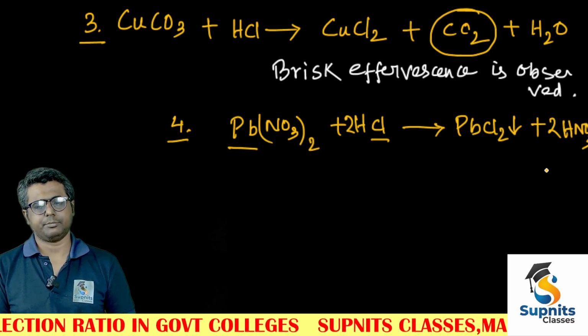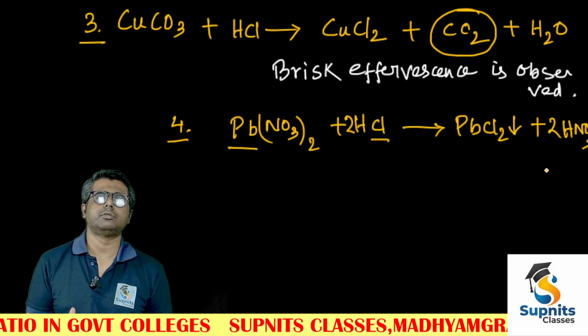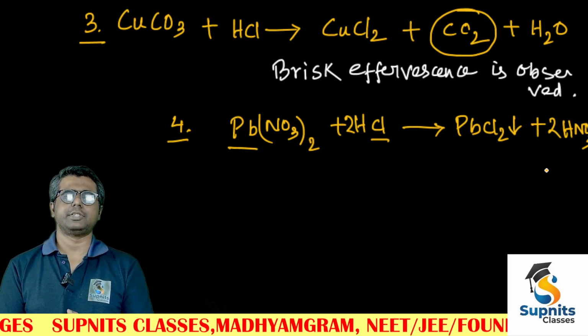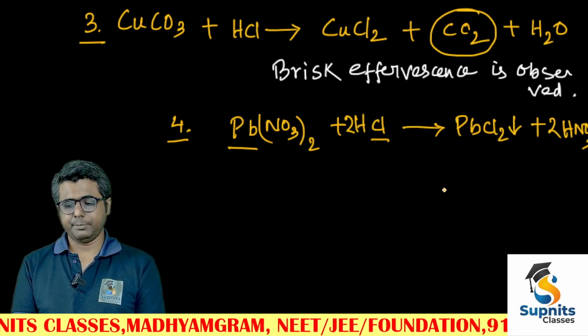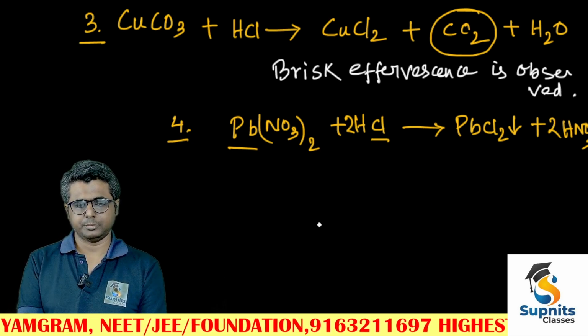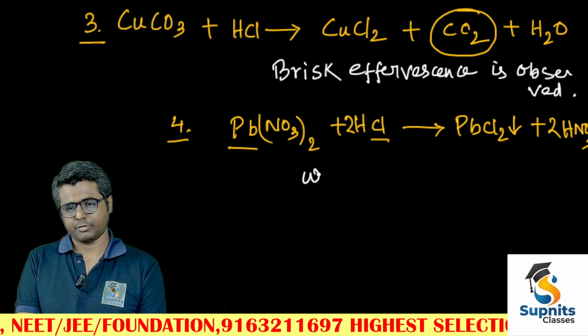But what will be my observation? My observation will definitely not incorporate HNO3 in it. My observation will incorporate only PbCl2 because that is a precipitate. So, PbCl2 is a white precipitate. Okay. So, your observation should be white precipitate is formed.